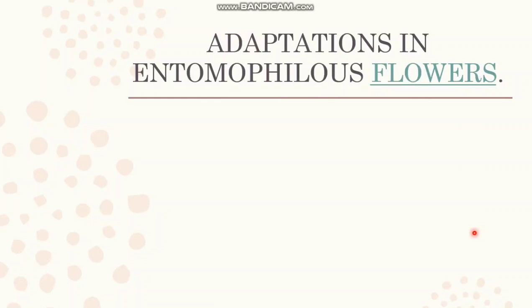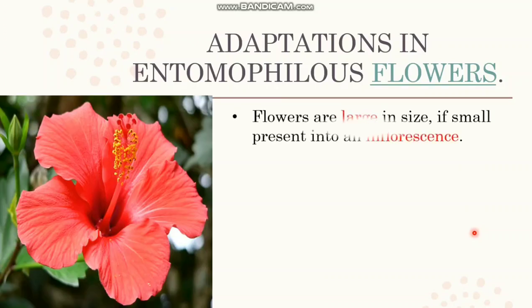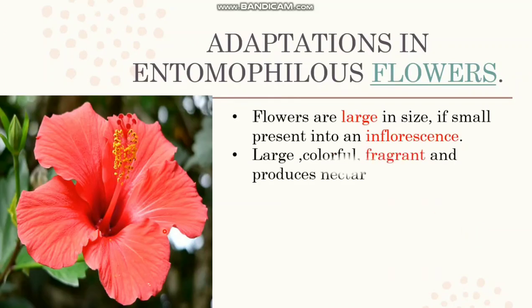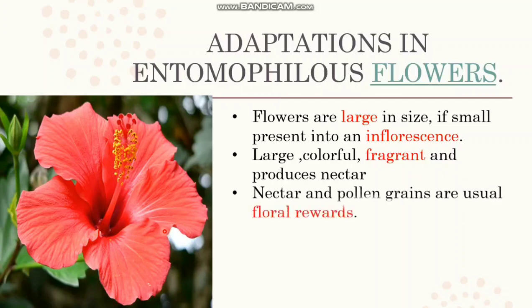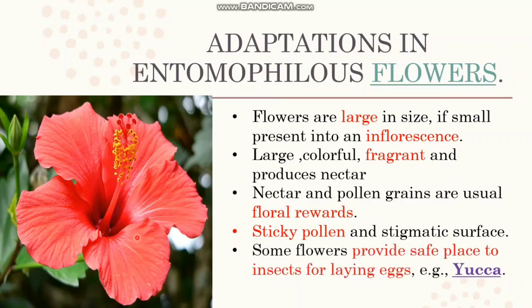Entomophilous flowers have certain adaptations or features due to which they attract their pollinators to ensure pollination. First, the flowers are usually large in size, bright and colorful. If they are small, then they are present in inflorescence.